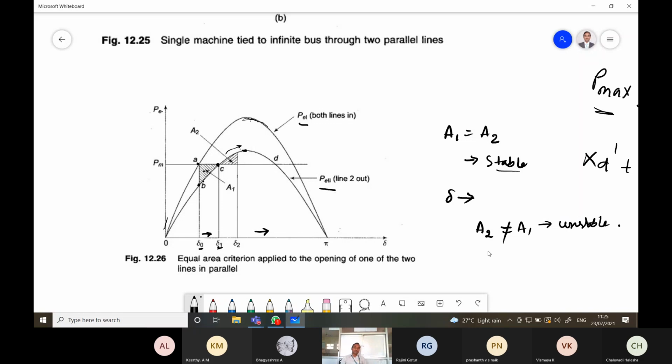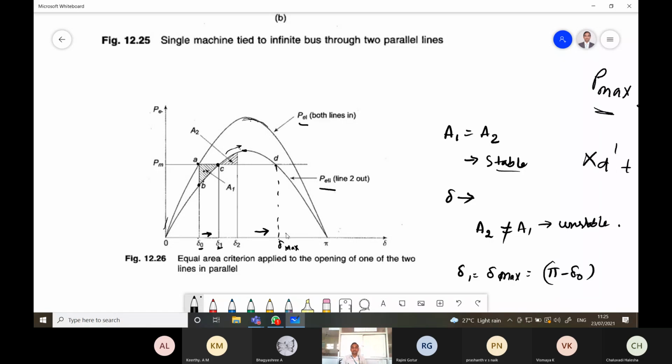For the limiting case, the stability angle delta has a maximum value, which is given by delta 1. This is also called delta max. This can be given by pi minus delta naught, because this is delta naught in this case, at point A. So this is delta max.